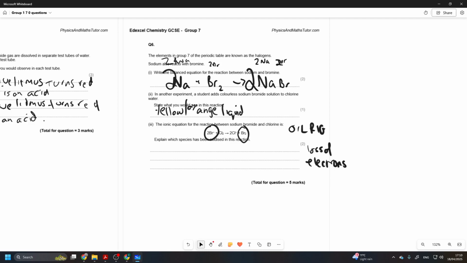Those are bromide ions, it says up there, bromide. The bromide ions lose electrons. So 1 mark for each of them. You can, if you want, just say Br minus. That's a bromide ion.